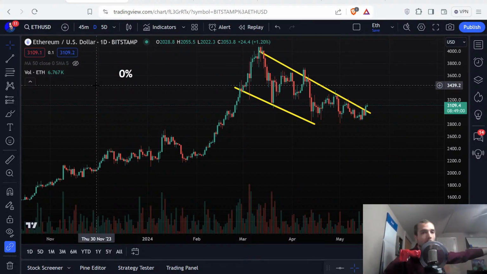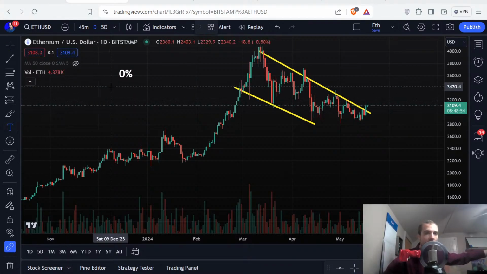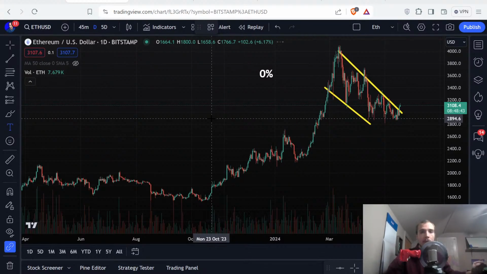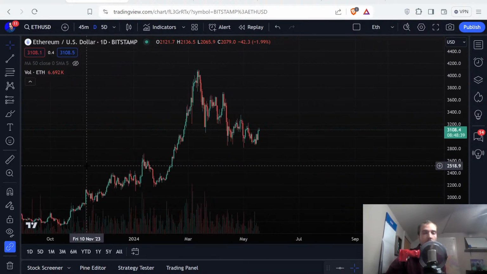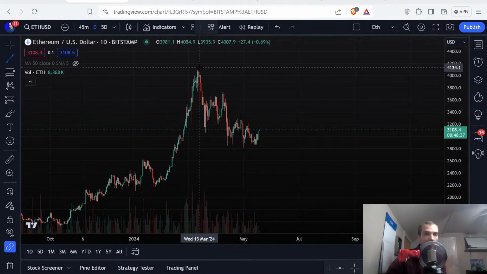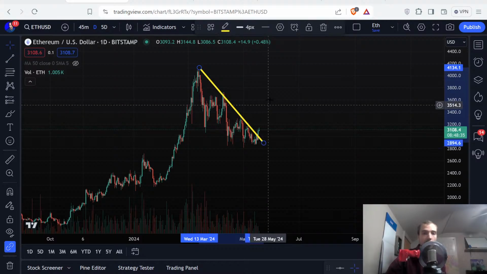So even though the market can do its own thing, a lot of these patterns have very, very high success rates. It would be like trying to swim upstream, right? So even though some of these patterns don't have to play out, the bull flag is a very, very high probability pattern. And it works consistently. It's easy to spot, especially in crypto and bull markets.